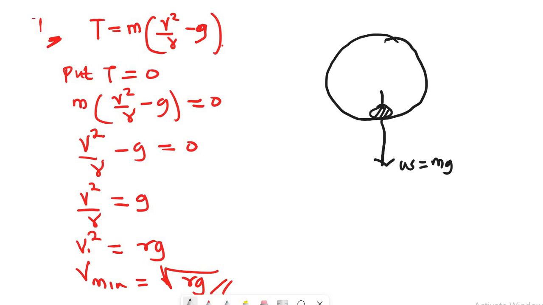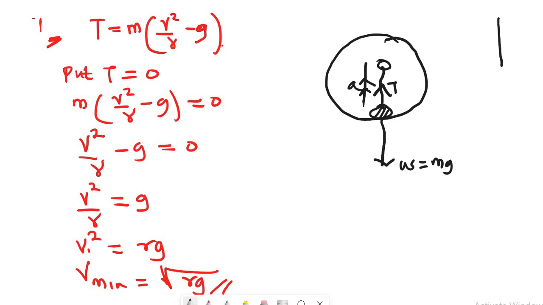The tension is toward the center. This is the person whirling it. Of course, acceleration will be toward the center. The whole essence to keep the particle in circular motion is that it must be directed toward the center.